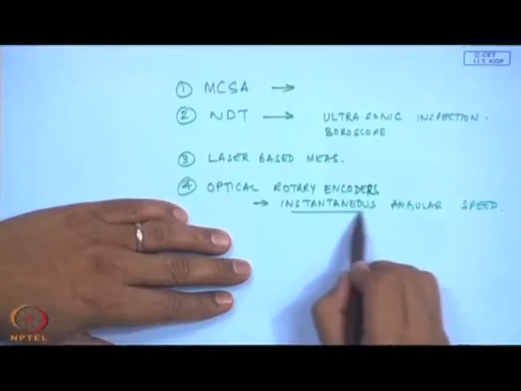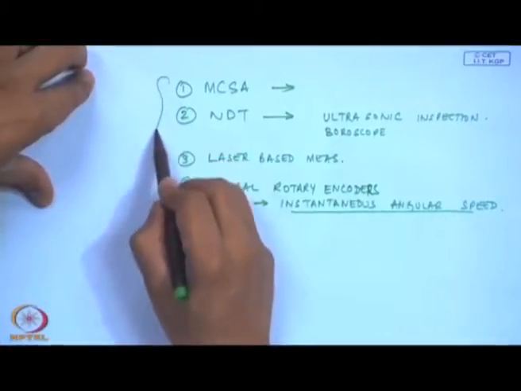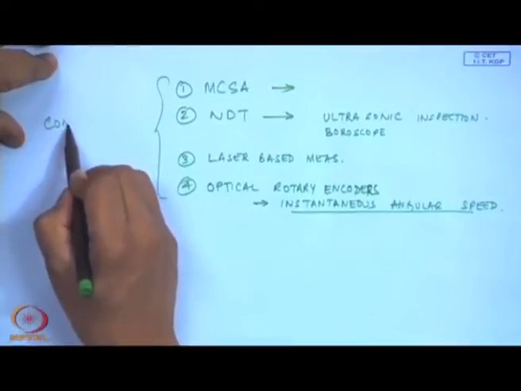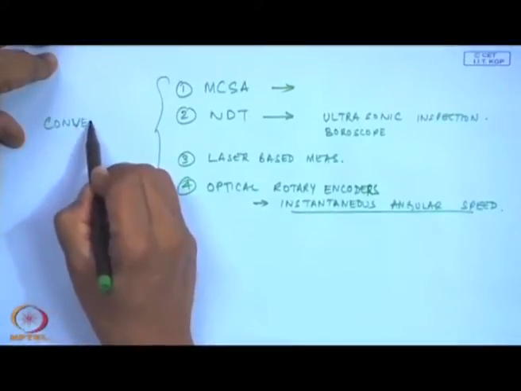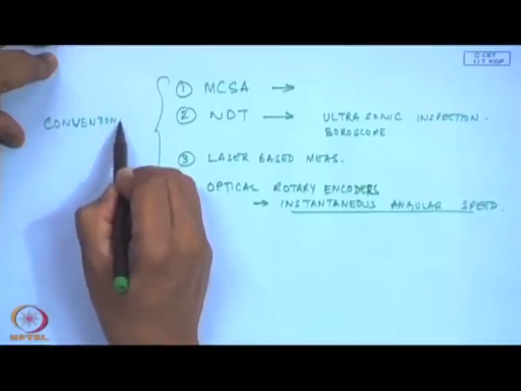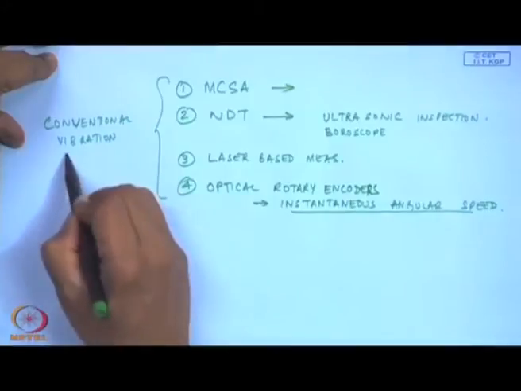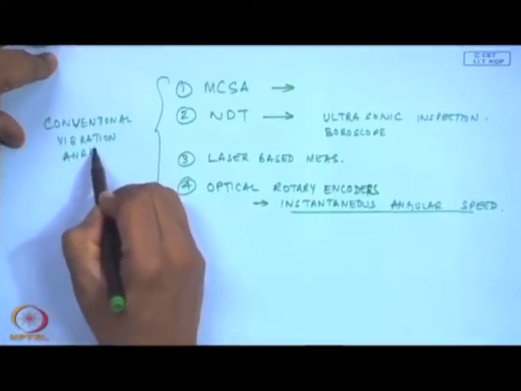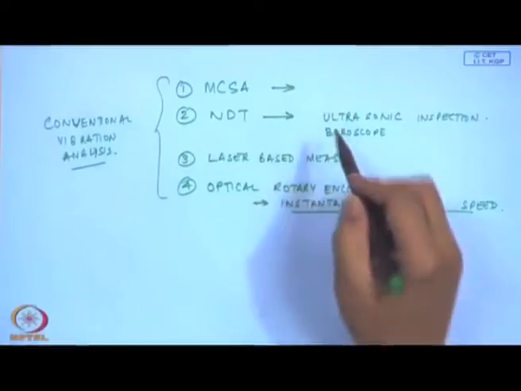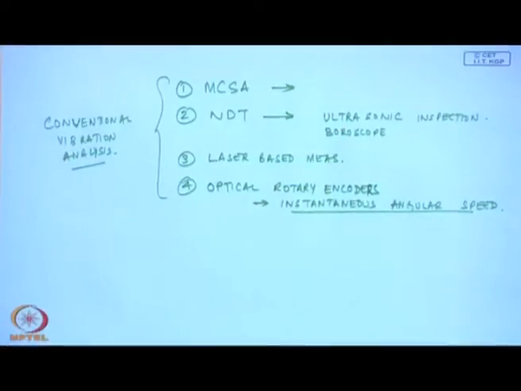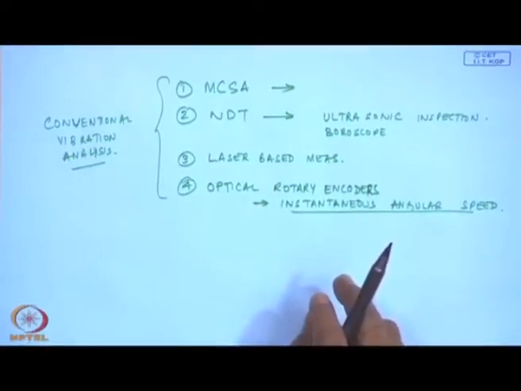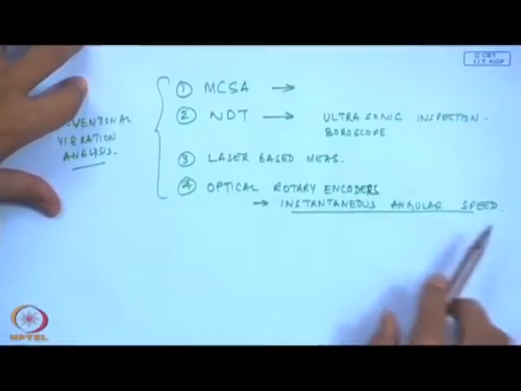These techniques are over the conventional vibration analysis. We will study about MCSA and NDT in the later classes, but these are techniques wherein this can be used to measure and understand more about such gas turbines.